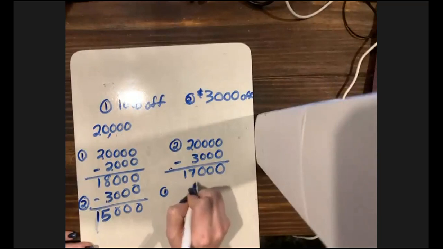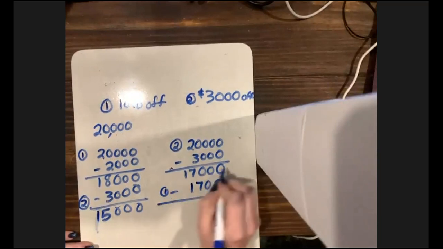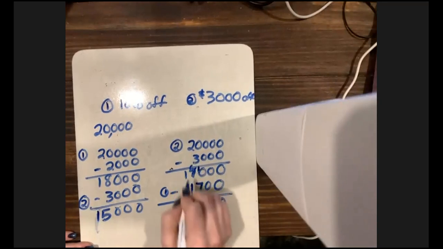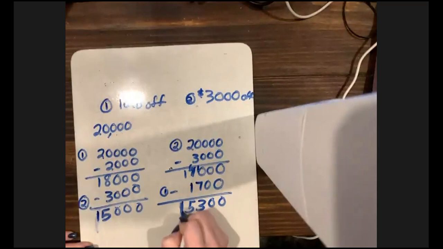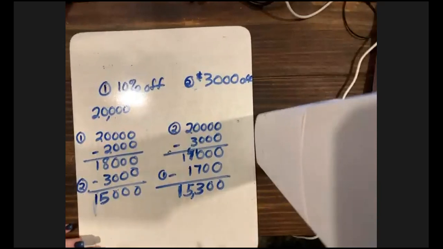Then we're going to take our 10%. Now, 10% of this is 1,700. So I end up with 15,300.